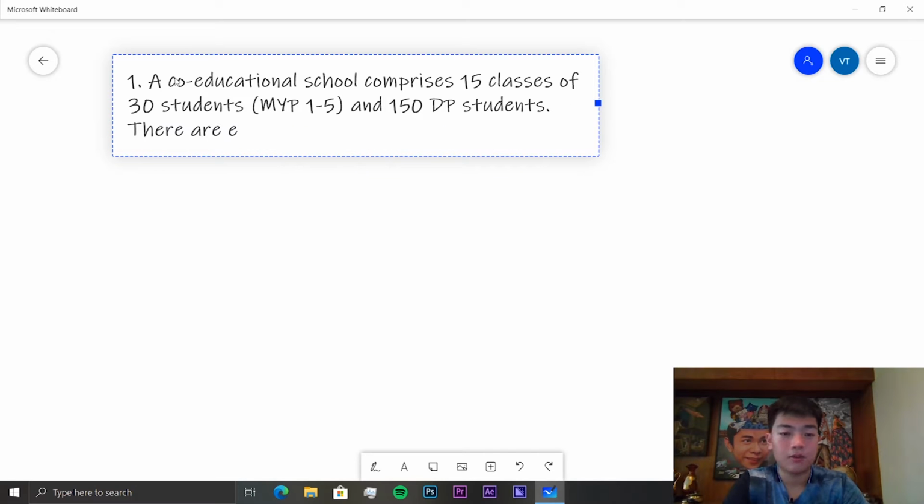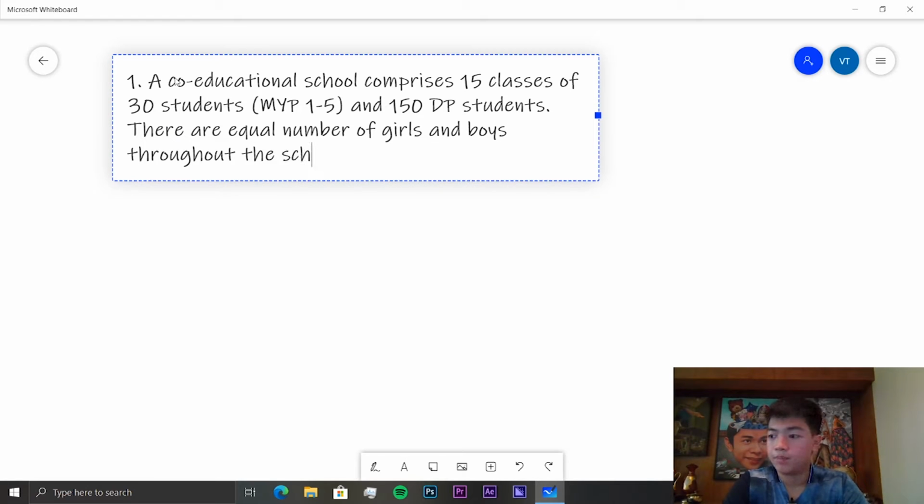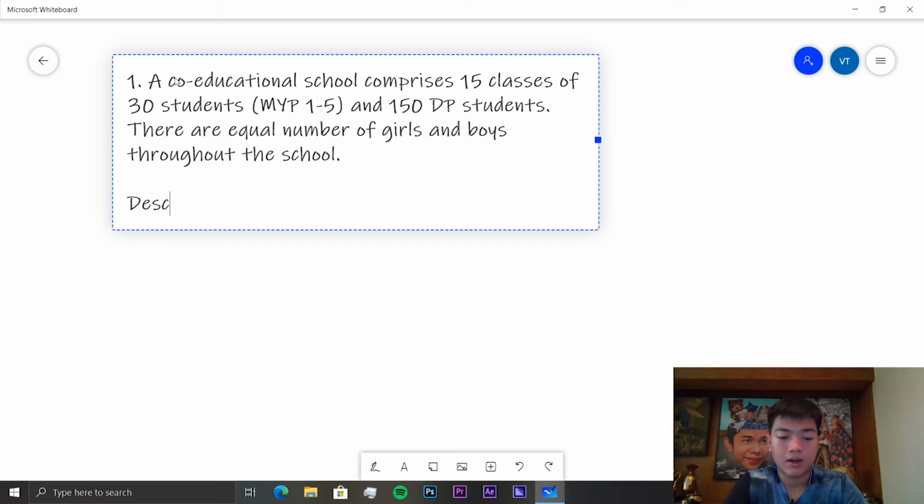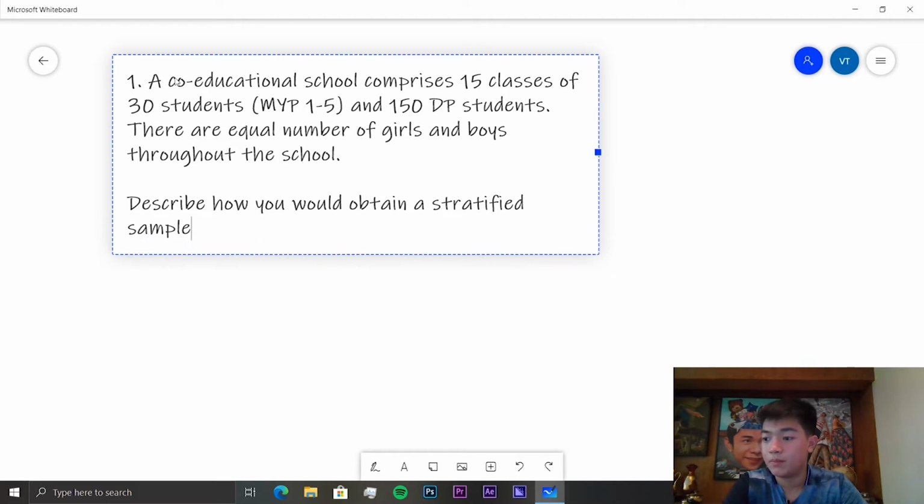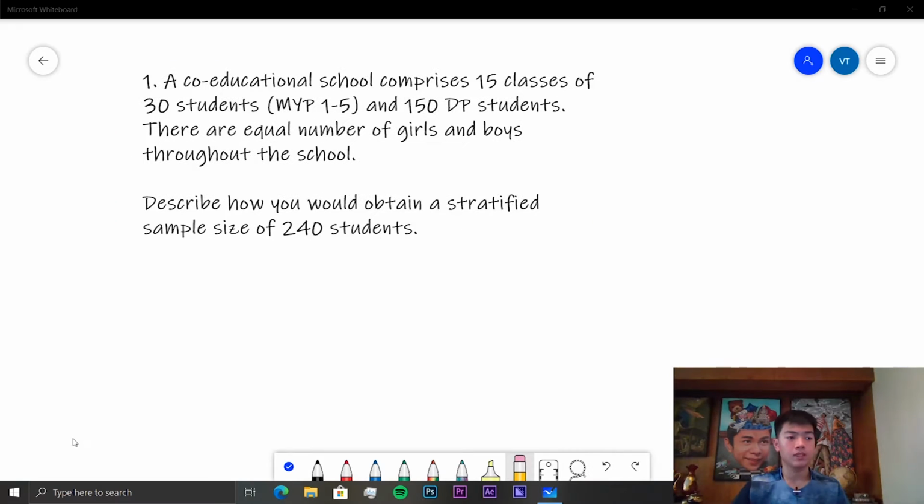There are equal numbers of girls and boys throughout the school. Describe how you would obtain a stratified sample size of 40 students. Sorry, this is the corrected question, so it's actually meant to say 240 and not just 40.